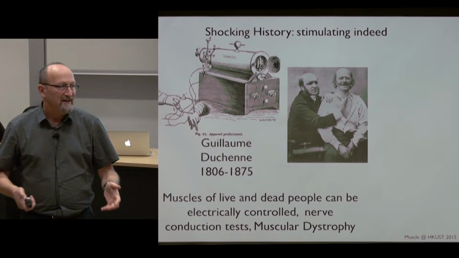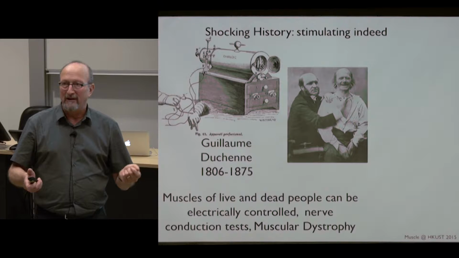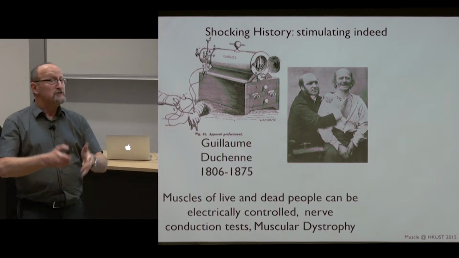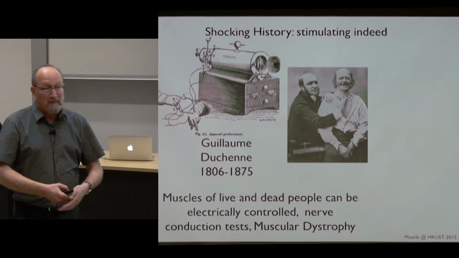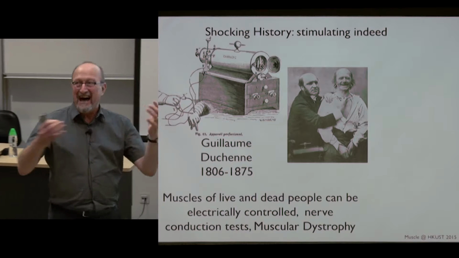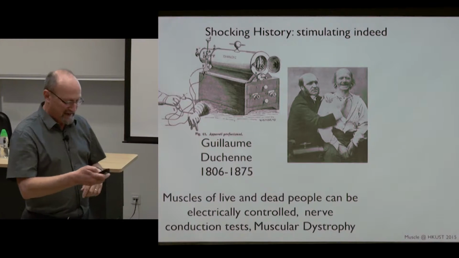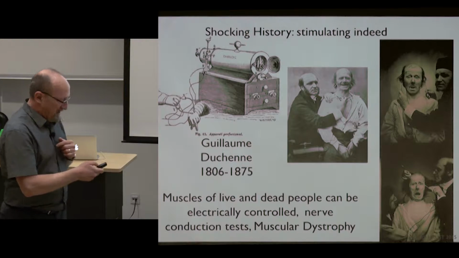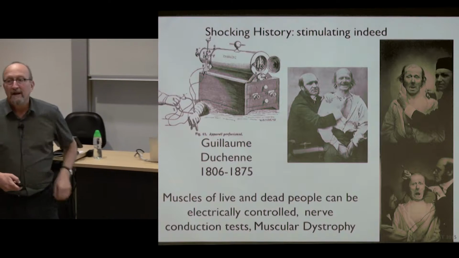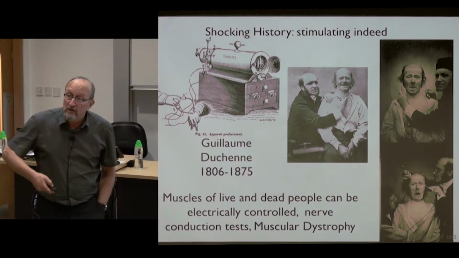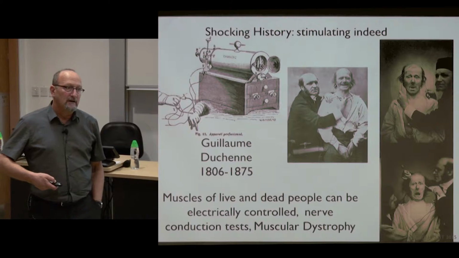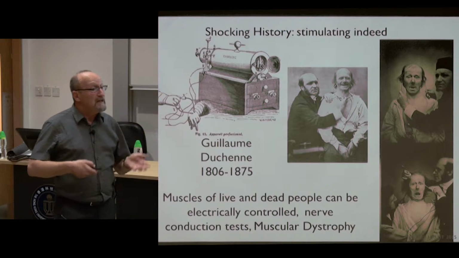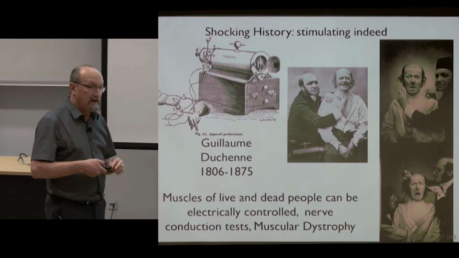An arm is cut off. What if you did it to a whole body and wrote a book about it, and it was called Frankenstein, the monster? Reanimated by electricity. Electricity was the molecular biology of that era. It was the hot topic, right? Everything was getting electrified, and people were getting shocked, and Duchenne was certainly having a good time doing it. What he noted is that you could use electrical stimulation of muscle as a diagnostic tool for individuals that have a family inherited disease called muscular dystrophy.